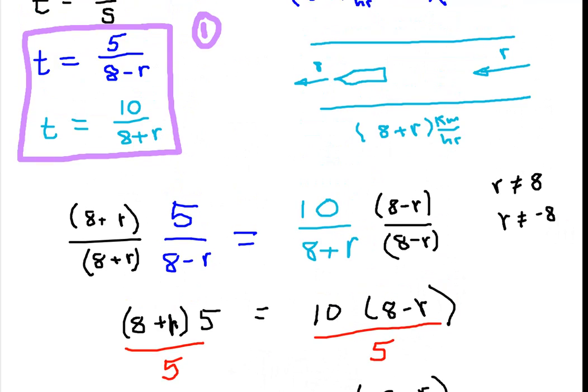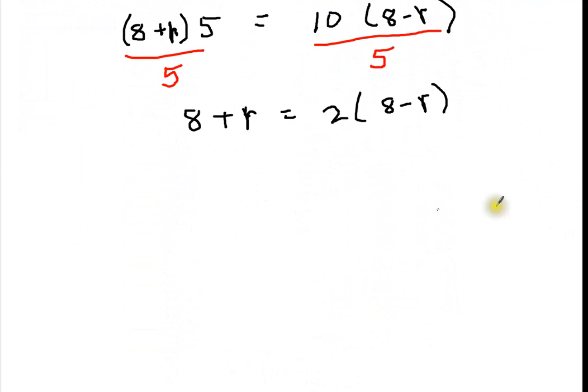And so now I need to get r's on one side and everything else on the other. So the first thing I need to do is distribute this 2. And I have 16 minus 2r is equal to 8 plus r.